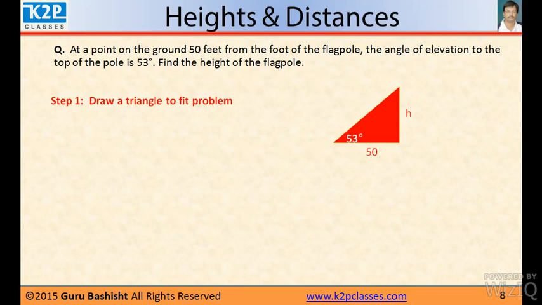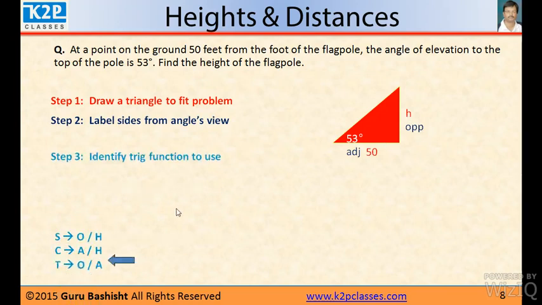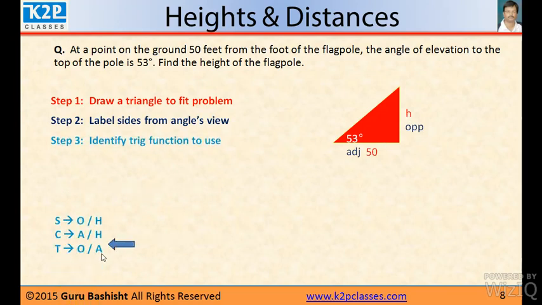Tan theta, right. Opposite by adjacent, because opposite is given and adjacent is given, so this will be used. So tan theta is height by base. So tan 53 is h by 50.